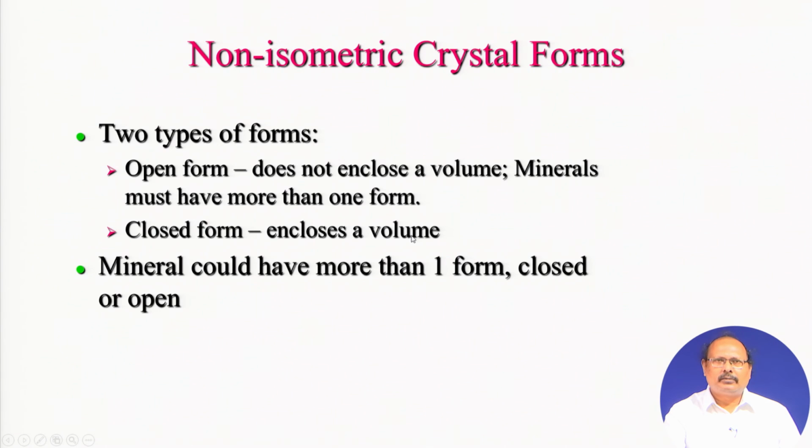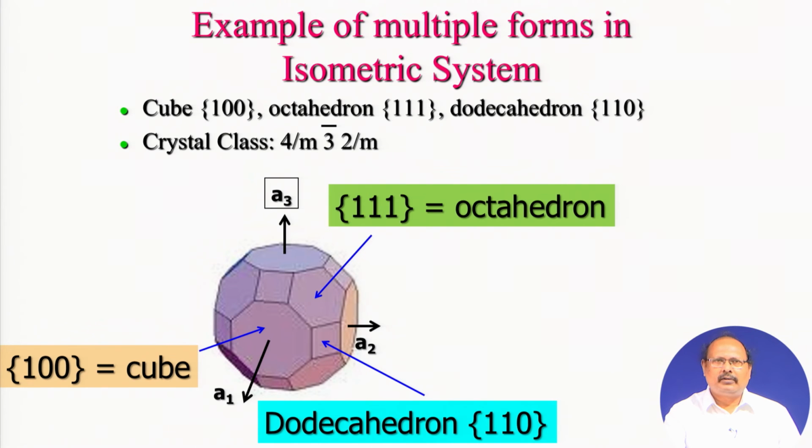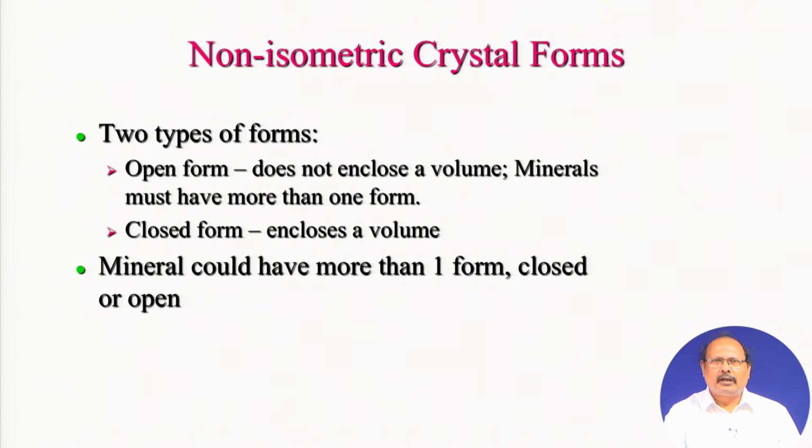Now, let us start with the non-isometric crystal forms. There are 2 types of non-isometric crystal form. One type we call an open form, that does not enclose a volume.